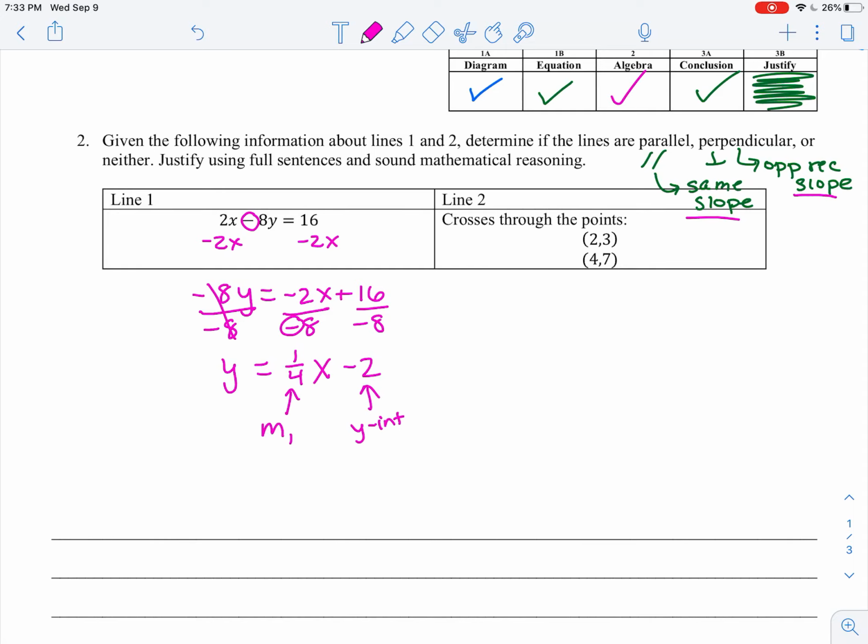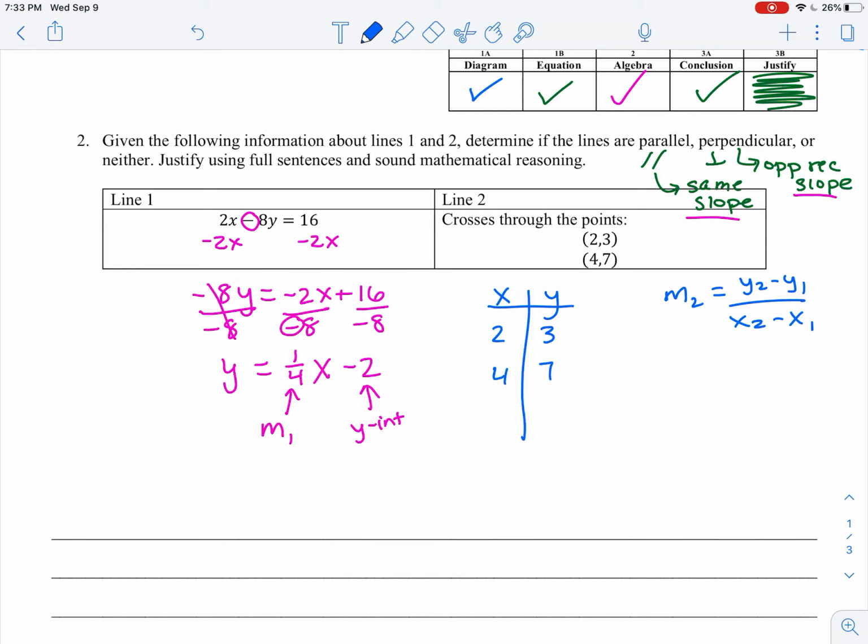Okay. Now, I still want to find the slope of my other line, but this time I'm not given an equation, I'm given 2 points. So there are a few ways that you might know how to find the slope between 2 points. You might do it in a table format, like this, or you might do it in an equation format, like this. Either one is fine, whichever one makes more sense to you, you should use.